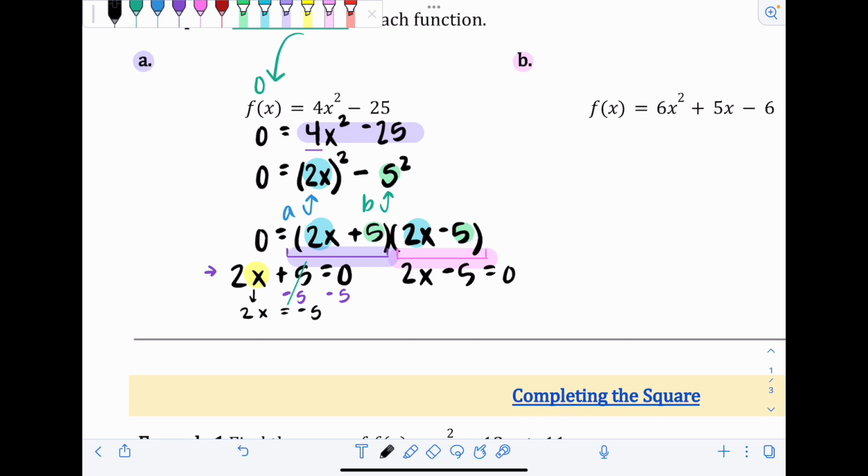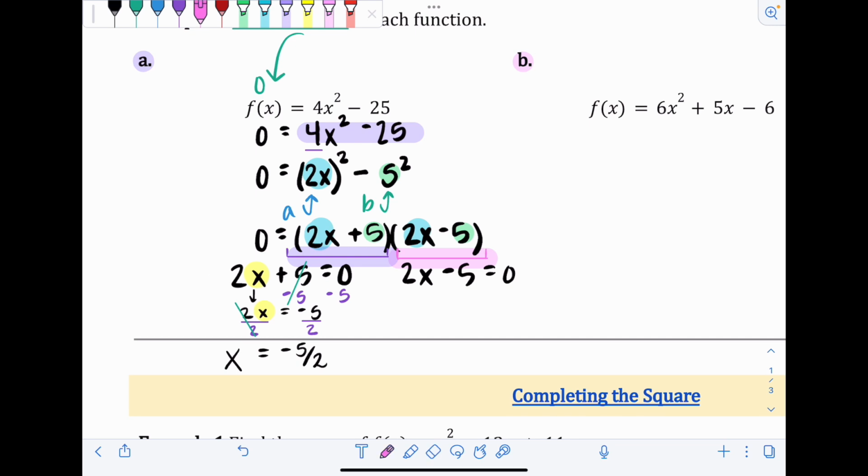Now I still need to get x by itself. I have a 2 that's being multiplied by x, so I would have to divide both sides by 2 to cancel it out. Then I would be left with x equals, because 2 divided by 2 cancels, I'd just be left with x, and over here I have negative 5 over 2. So x equals negative 5 over 2. That's one of my zeros, and I can just leave it as a fraction like that.